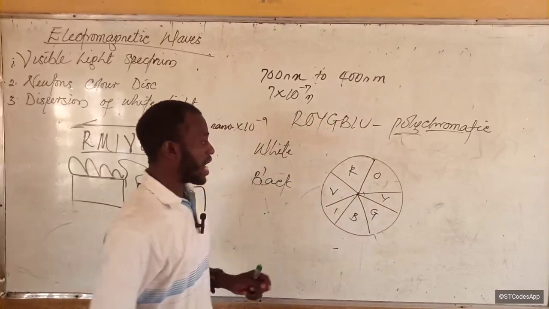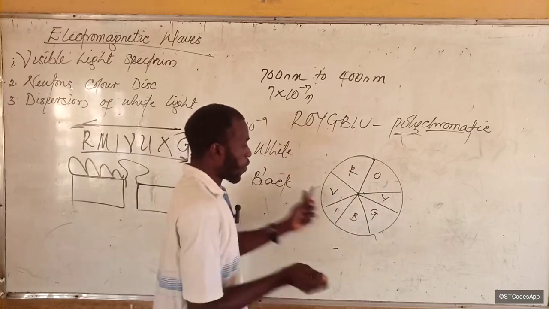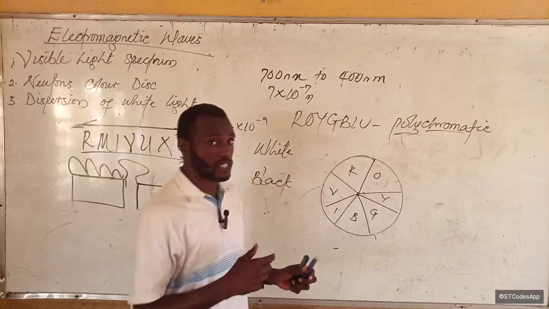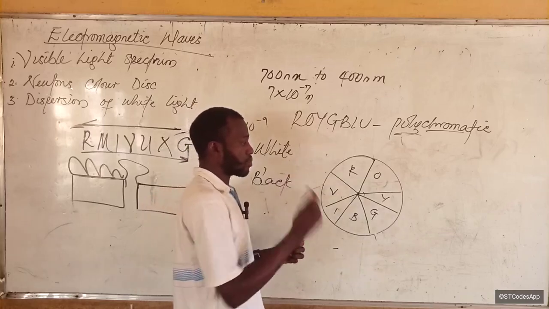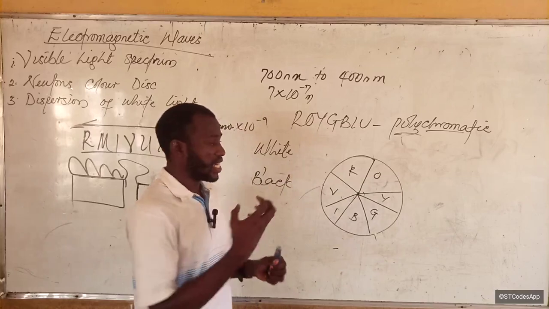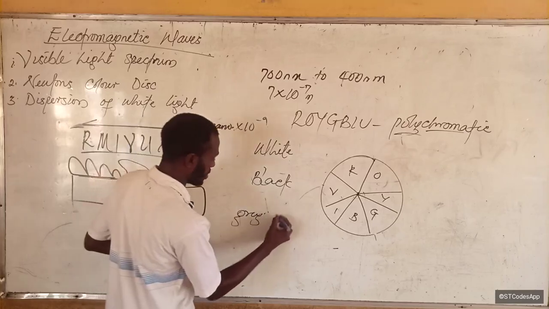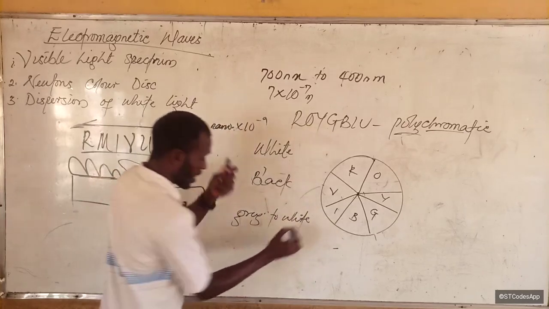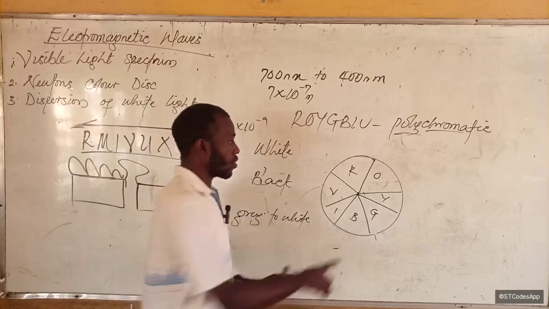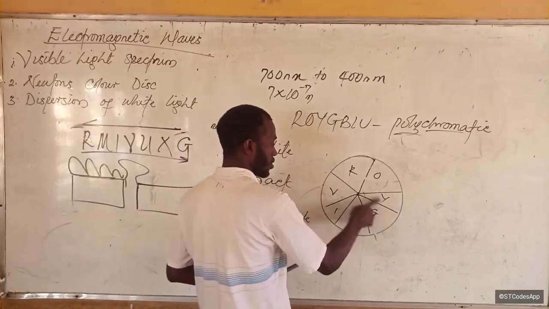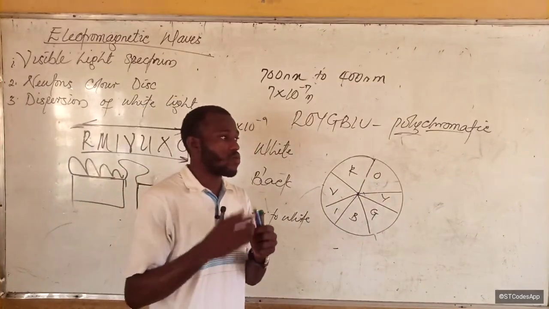All right, when he divided it into the 7 layers, he spun it around at a very great speed. And at that very great speed, it was noticed that the disc exhibited gray to white light. This was how he proved it, and you can try that. If you have a disc and you color it red, orange, yellow, green, blue, indigo, and violet, at the end of the day you are going to see white light.